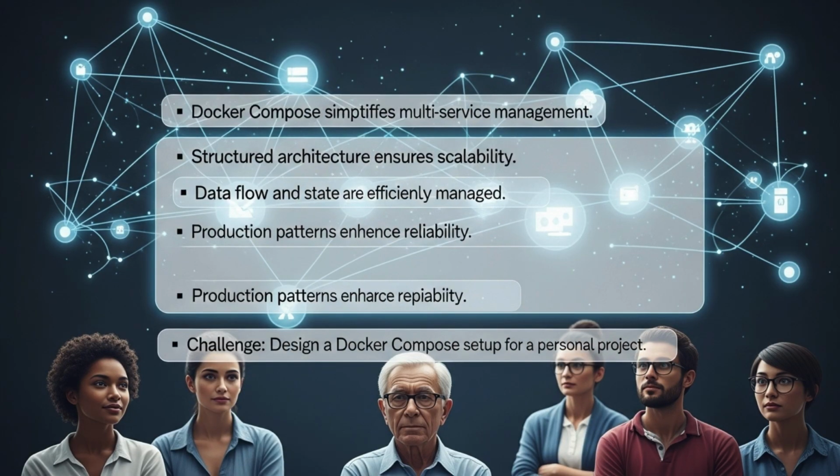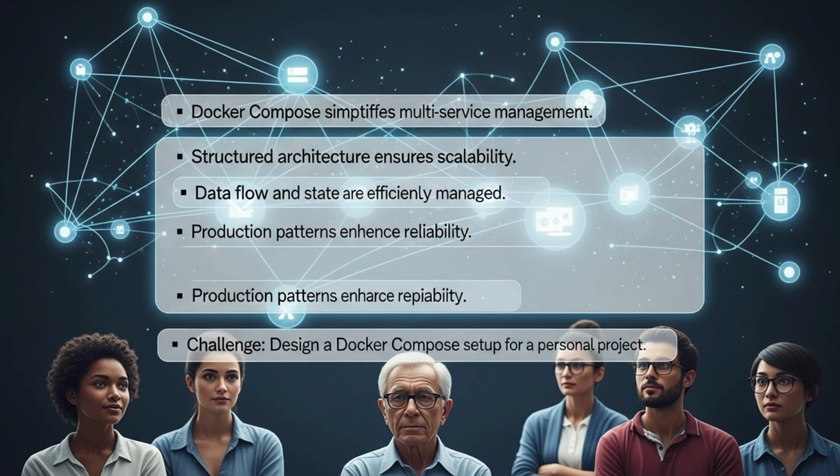We've covered a lot today on orchestrating your AI platforms with Docker Compose. Let's quickly recap what we've learned. We saw how Docker Compose simplifies multi-service management, moving beyond the manual headaches of individual containers. We explored how a structured architecture ensures scalability and maintainability through distinct layers for services, networking, volumes, and configuration.